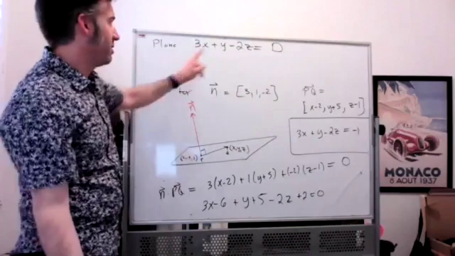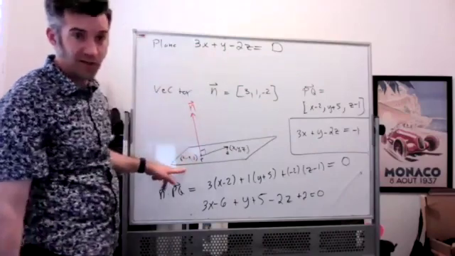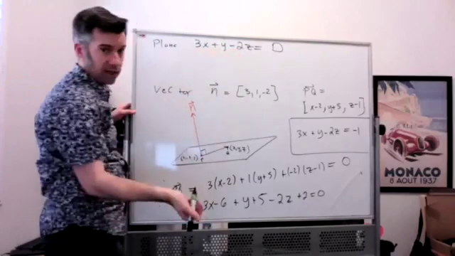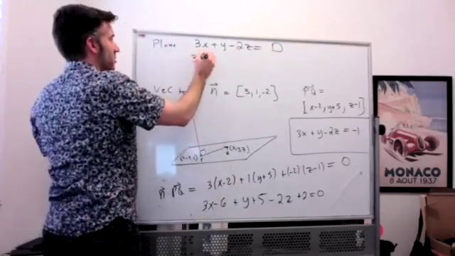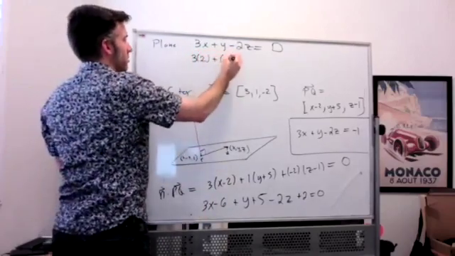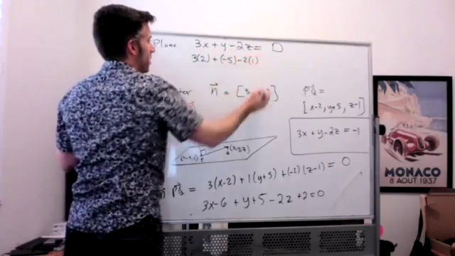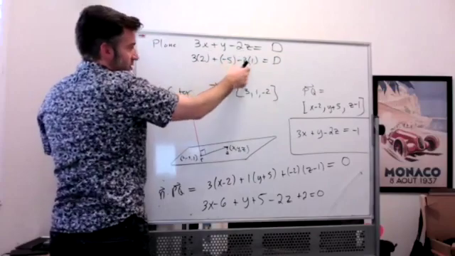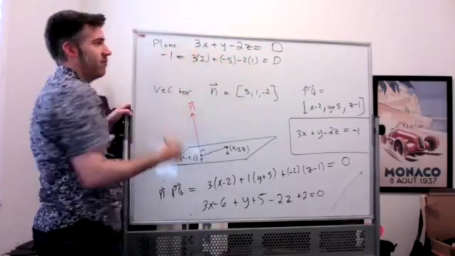And then to find the constant d, we plug in the point: 2, -5, and 1 for x, y, and z. And let's see, 6 minus 5 minus 2 is -1.